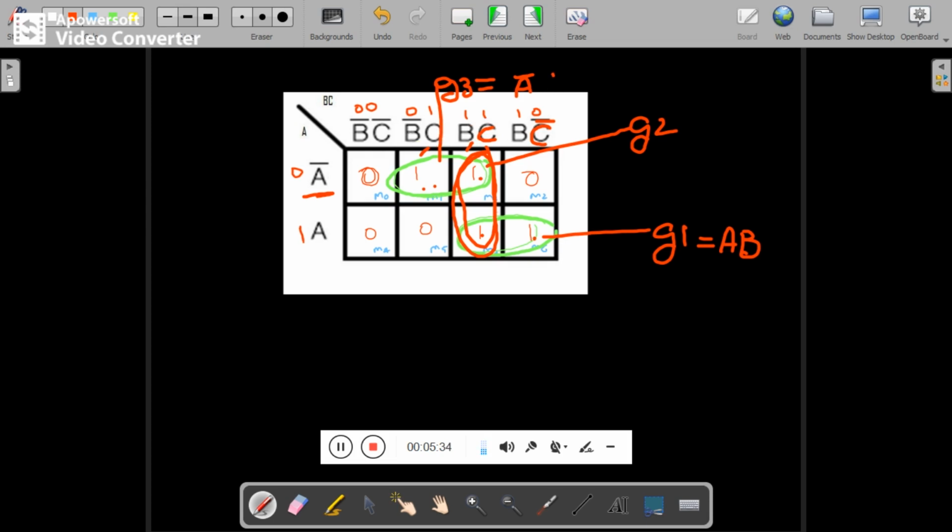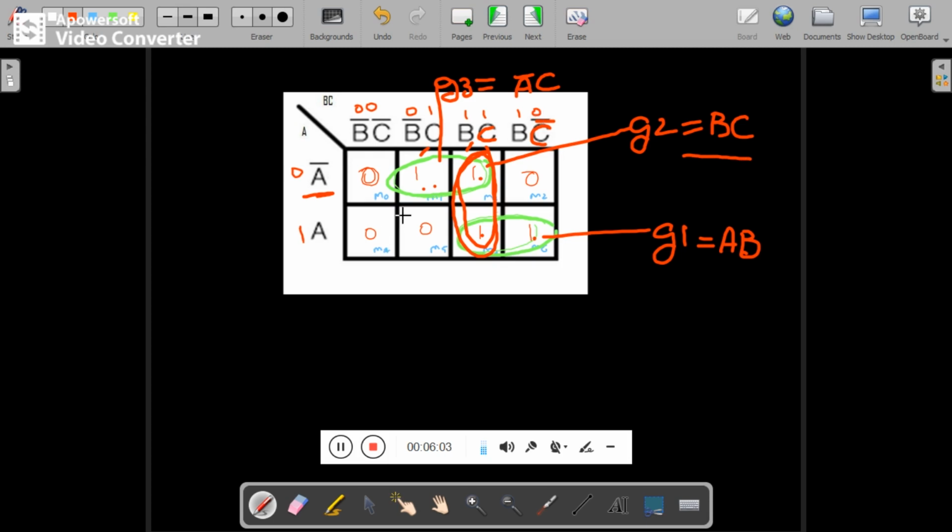So the answer is equal to C. And in the third group, vertically there is nothing common because A bar is there, A is there. Horizontally only one row is there and you have to write that. Answer is BC.